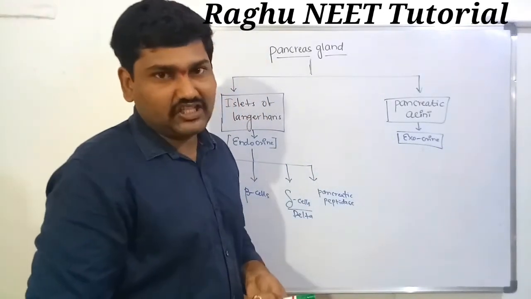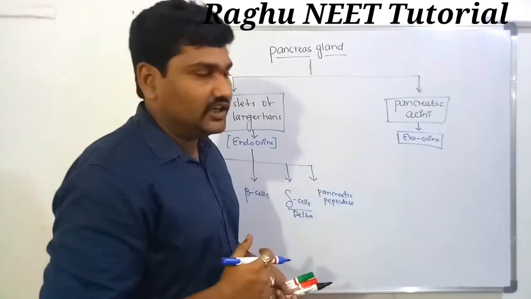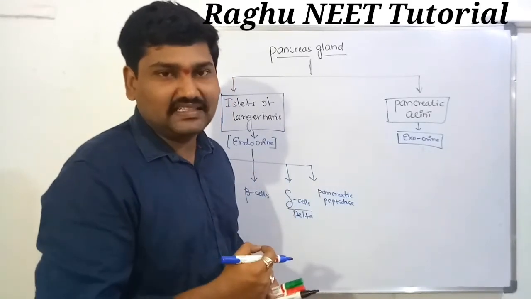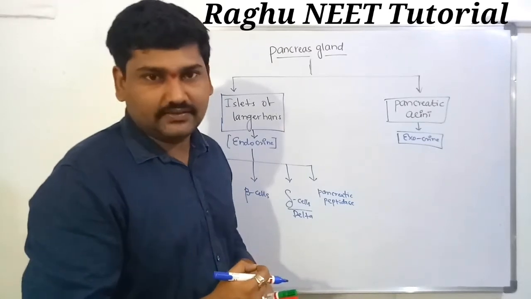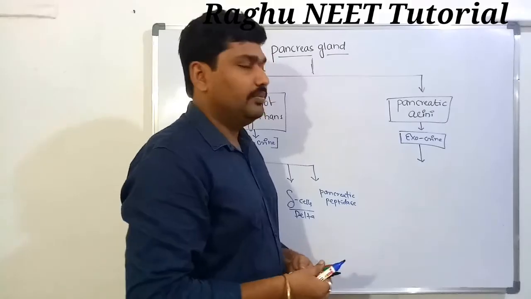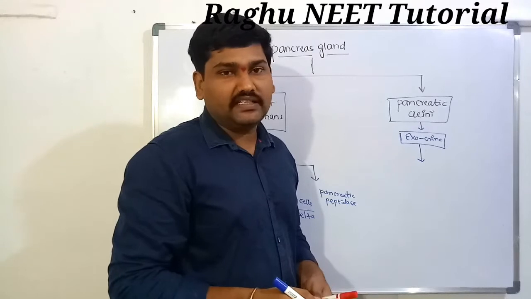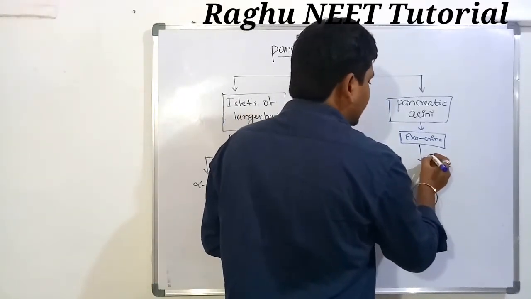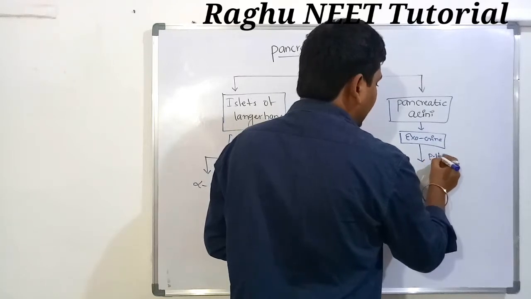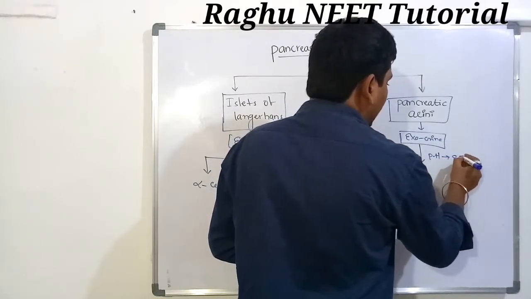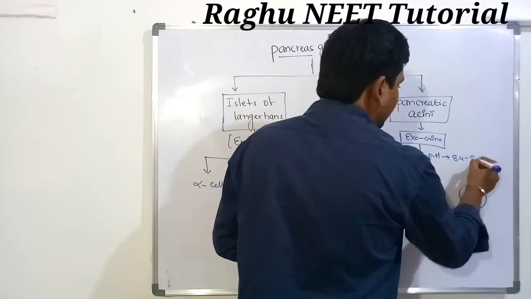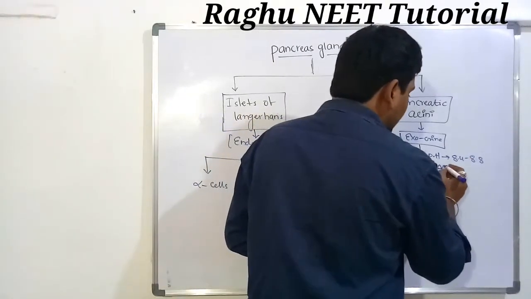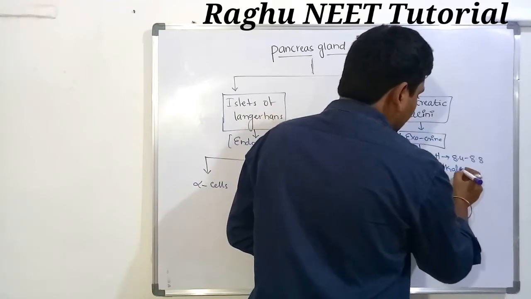Next, the pancreatic acini. These show exocrine secretion and connect directly to the duodenum region through a duct, known as the pancreatic duct. The pH of the pancreatic acini secretion is between 8.4 and 8.8, so it is alkaline in nature.